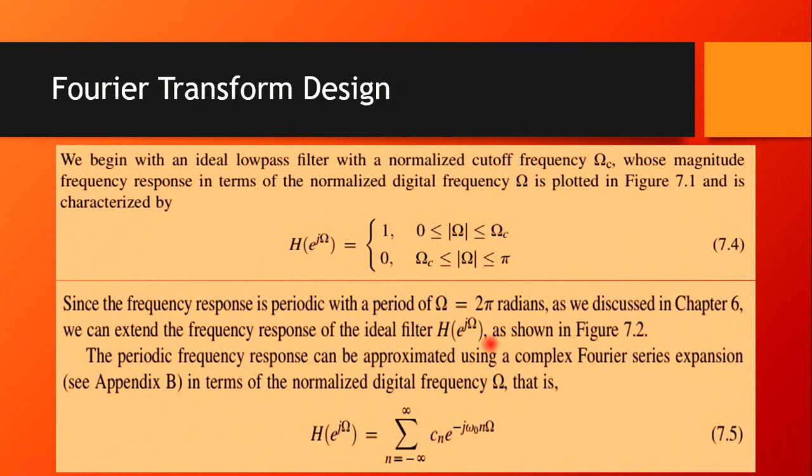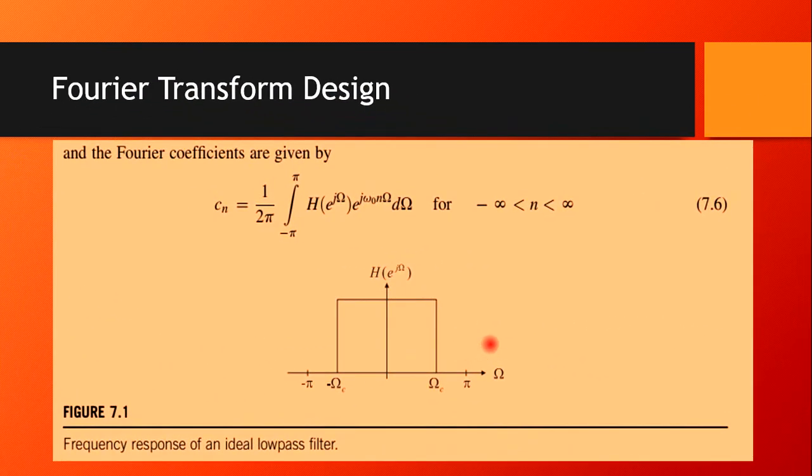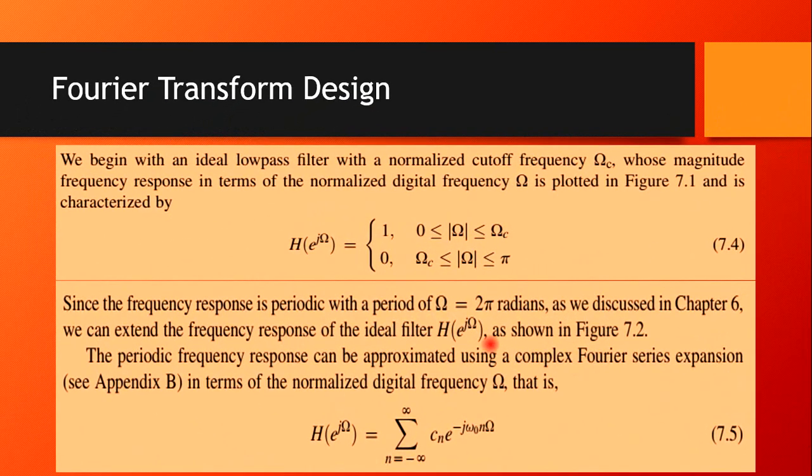If we want to design a filter, the Fourier transform design method is used. Let us consider a simple low pass filter with normalized cutoff frequency omega c, whose magnitude in terms of normalized digital frequency omega is plotted in 7.1, this one.